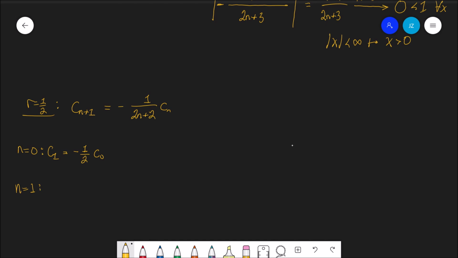N is 1. We get c2 is equal to negative a quarter c1, but c1 is negative a half, so we get 1 over 4 times 2 c naught. When n equals 2, we get c3 is negative 1 over 6 c2, so we get negative 1 over 6 times 4 times 2 c naught.